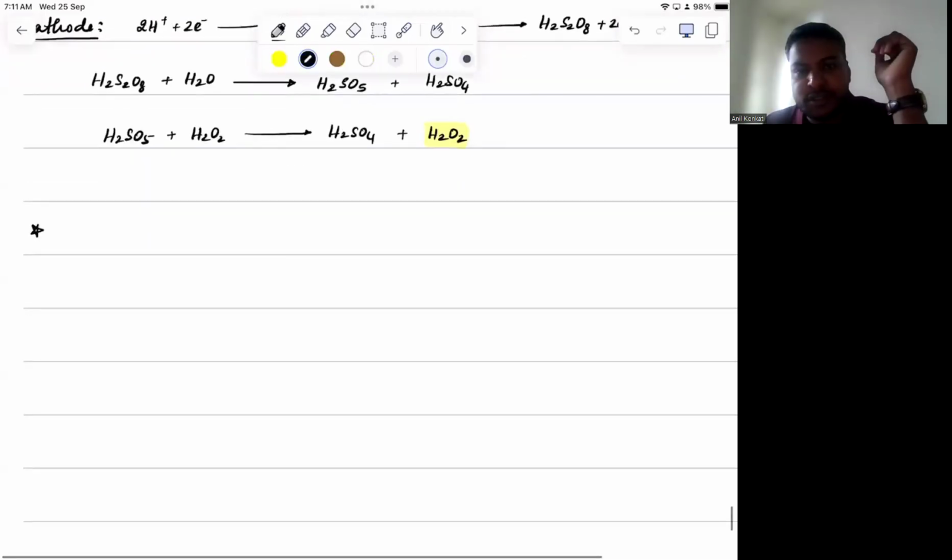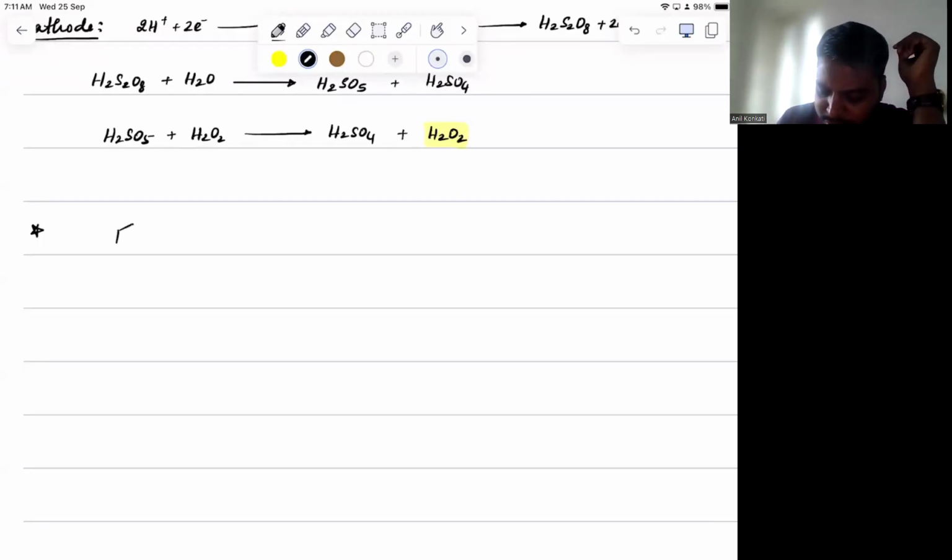Next reaction is about 2-ethyl anthraquinone. 2-ethyl anthraquinone is this one, where we have three rings connected with each other this way. Let me put the structures properly, like this. If you have anthraquinone hydroquinone, that is OH and OH here, clear?